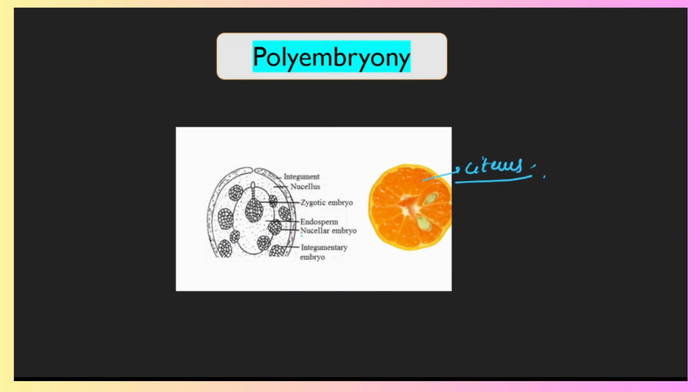You can all see here that more than one embryo is present in a seed. This is the zygotic embryo, endosperm, nucellar embryo, integumentary embryo. So more than one embryo is present in a seed. That's why it is called the polyembryony.